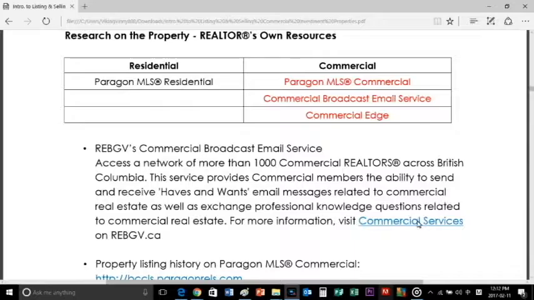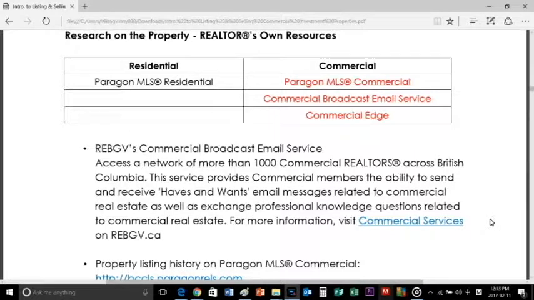So the REBGV's Commercial Broadcast Email Service accesses a network of more than 10,000 commercial realtors across British Columbia. This service provides commercial members the ability to send and receive haves and wants email messages related to commercial real estate, as well as exchange professional knowledge questions related to commercial real estate.